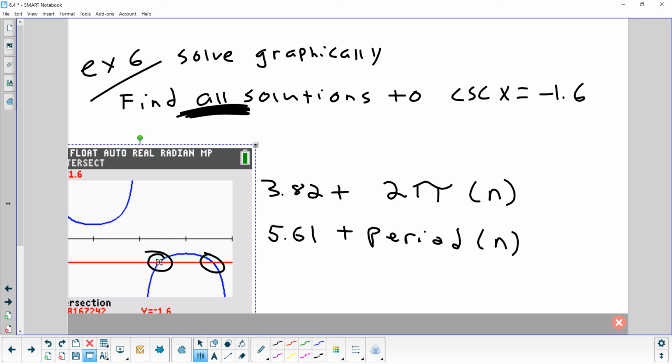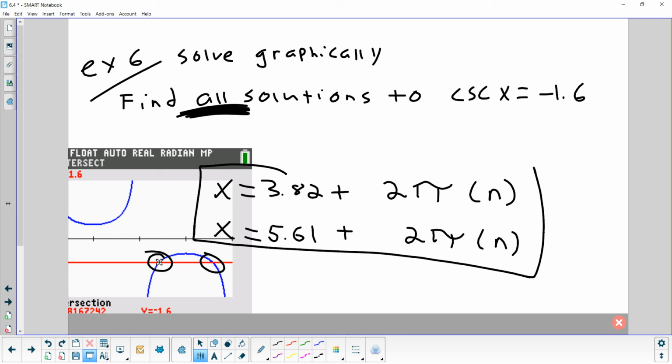You've answered where it occurs in the first cycle. So then tell me that that answer repeats forever. And those are your two answers. It's basically exactly like writing an asymptote, except you have to use intersect to figure out the number. Okay, that's it. Any questions on that?